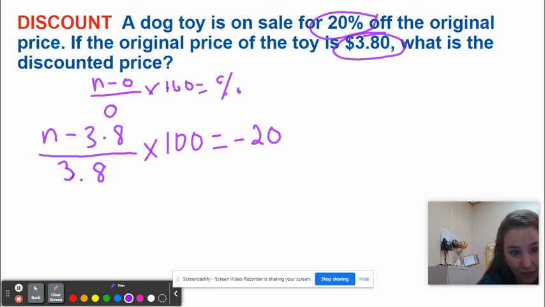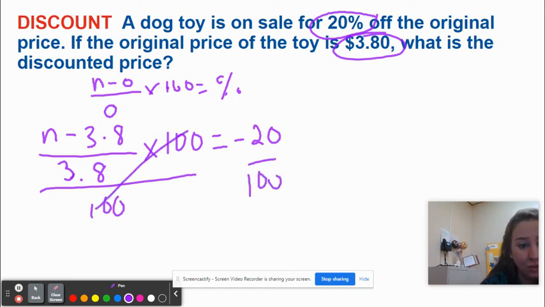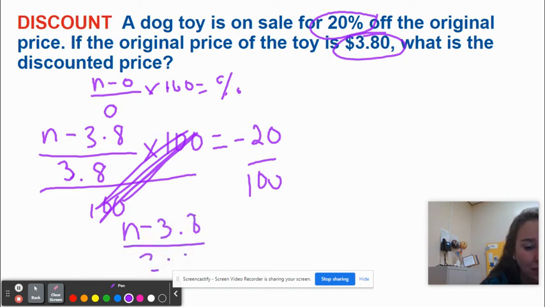Then we can divide both sides by 100, which starts to look a little crazy, but you can do that. Those cancel off, and you're left with n minus 3.8 over 3.8 equals negative 0.2.